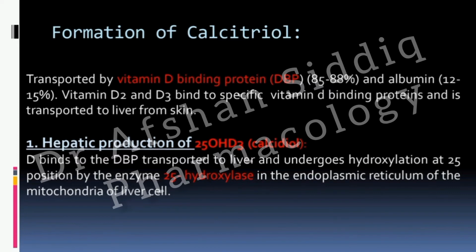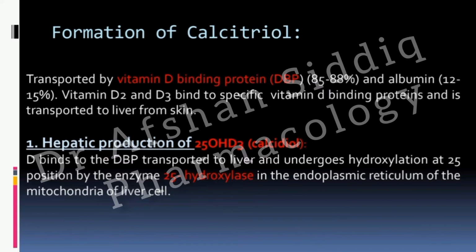It will go first, with the help of these proteins, into the hepatic area or liver, and this vitamin D form undergoes hydroxylation at the 25th position to synthesize 25-hydroxy vitamin D3.